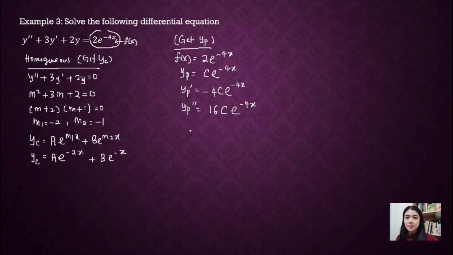Once you have obtained your y double prime, the next thing to do is substitution. You're going to substitute your y double prime, your y prime, and your y into your non-homogeneous equation.